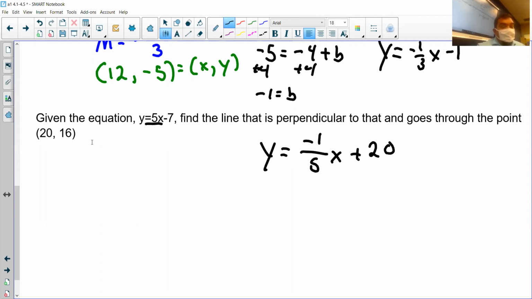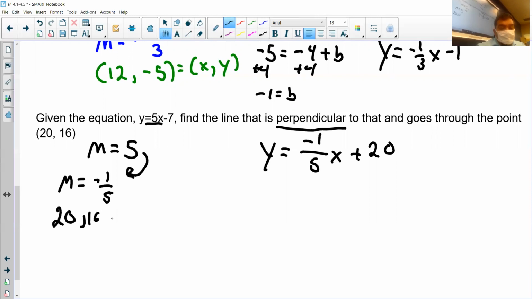You start off with the original m, which is 5, and you turn it into the negative reciprocal. The reason I turn it to the negative reciprocal is because the word perpendicular is here. So it's negative 1 over 5. Then I have a point, 20 comma 16.